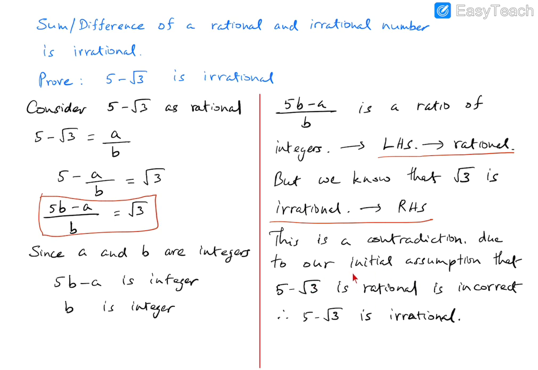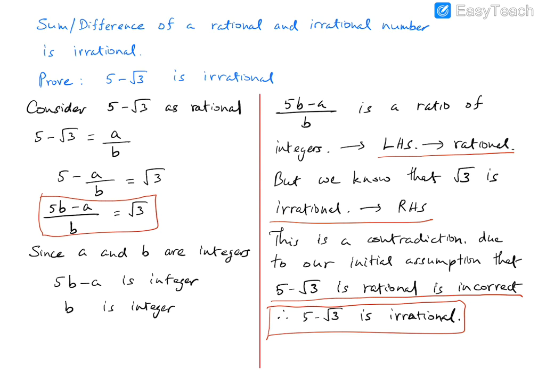So 5 minus root 3 being rational is incorrect, and the correct decision is that 5 minus root 3 is irrational. We have proved that our initial assumption is incorrect, so we conclude that it is indeed irrational.